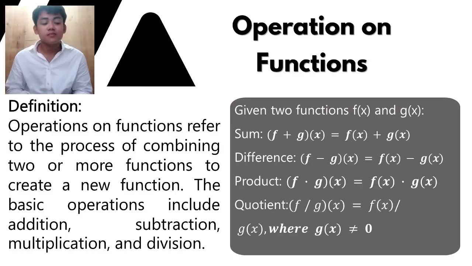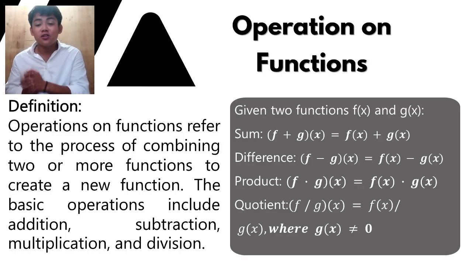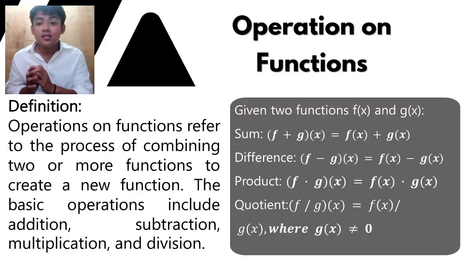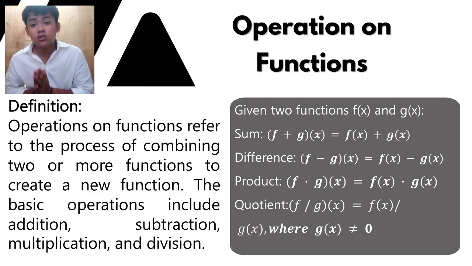The basic operations include addition, subtraction, multiplication, and division. Okay, very good. So it involves performing different operations. So for each unique operation, it has a corresponding equation to be used.